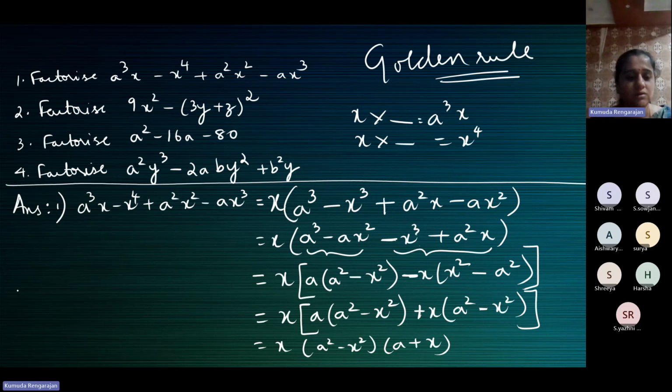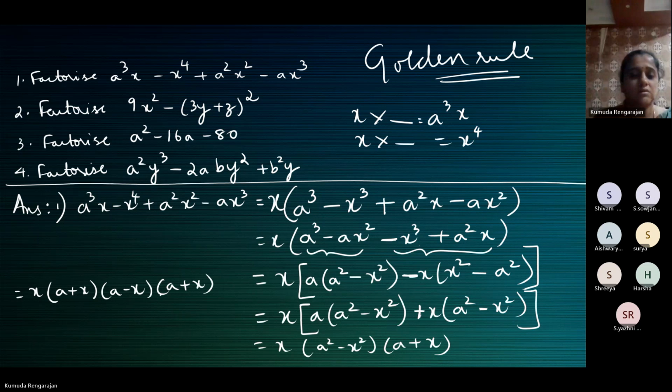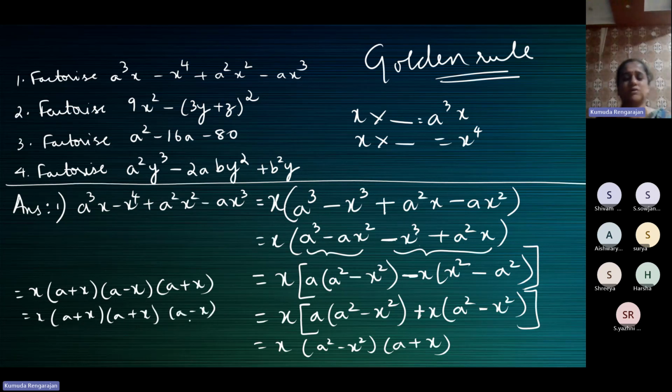So a square minus x square will be a plus x into a minus x. So the answer is x into a plus x into a plus x into a minus x. You can rearrange if you want.